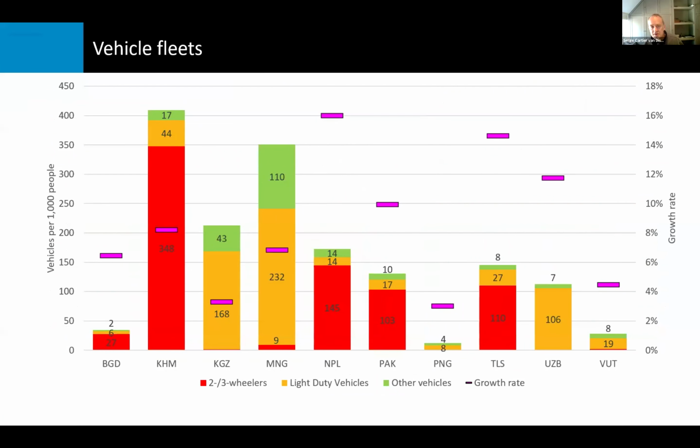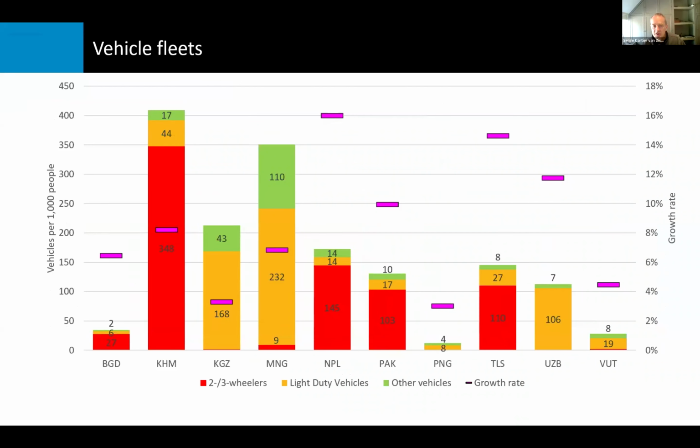We also looked at vehicle fleets in the different countries. This presents the number of vehicles per 1,000 people to make it easier to compare. We've distinguished between two-wheelers and three-wheelers, the red; the yellow and orange are light-duty vehicles; and the greens are other vehicles, mostly heavy vehicles.